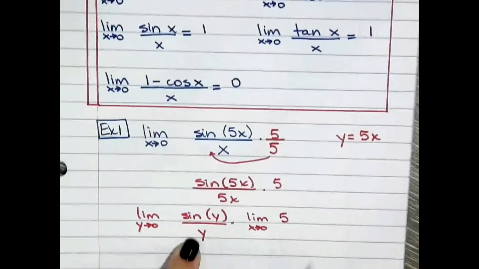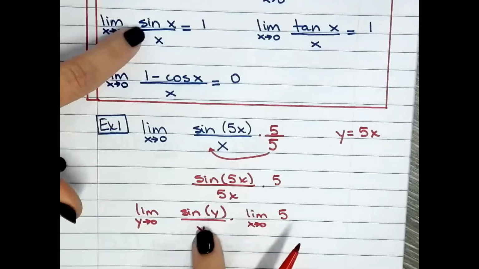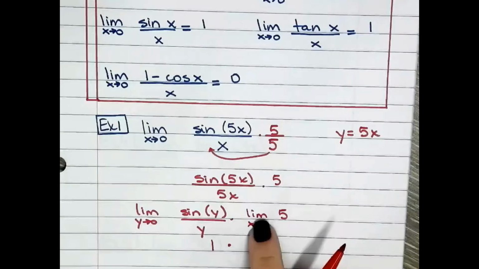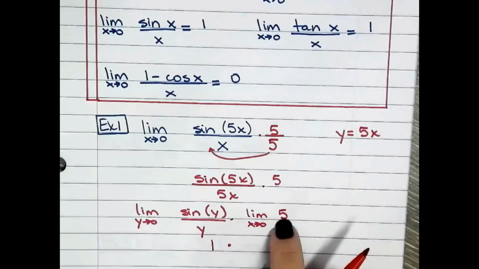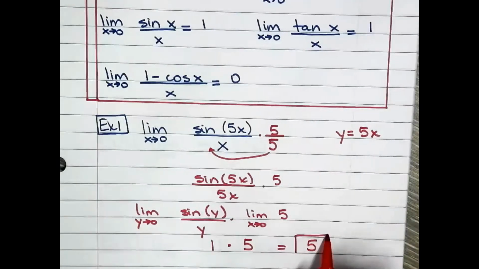I know this equals 1, and the limit of a constant is equal to the constant. So 1 times 5 is 5.